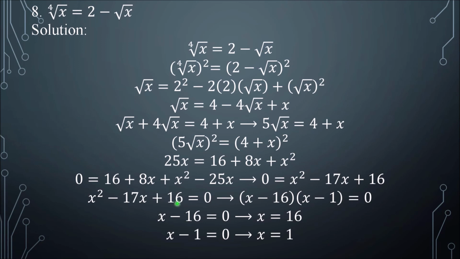Factors of 16 that will satisfy the middle term negative 17x is negative 16 and negative 1. Now equate this to 0. X minus 16 is 0. X equals 16. X minus 1 is 0. X equals 1. So those are the values of x, 16 and 1.